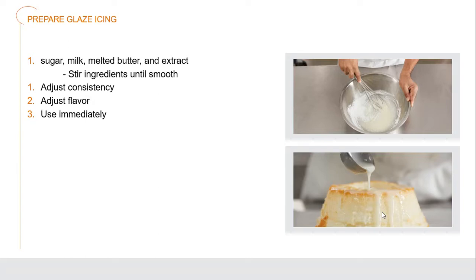You have to use this immediately because it will start to solidify pretty quickly. So when you're ready to use it, make it at that time. You really can't make this too far in advance. If you do make some a little way in advance, make sure you keep it covered. Otherwise it does tend to form a shell over the top.